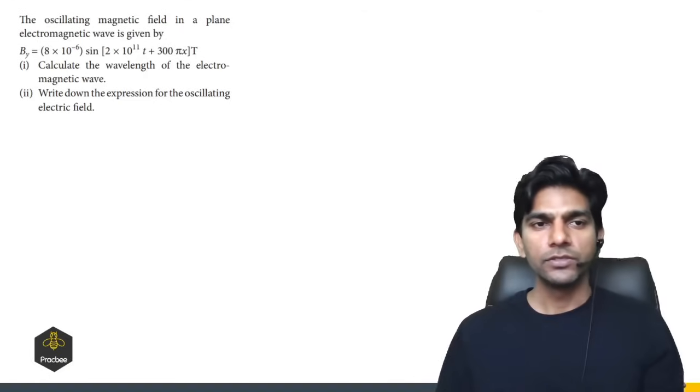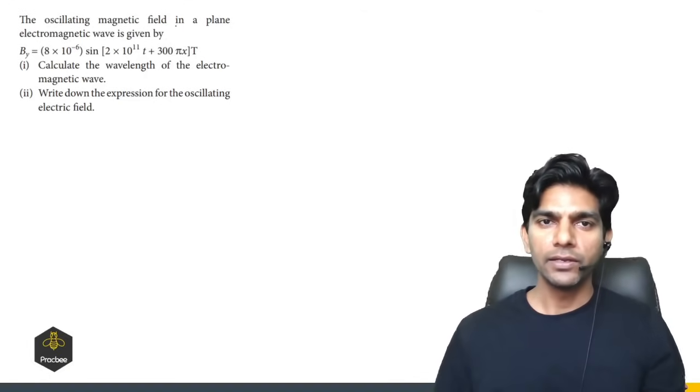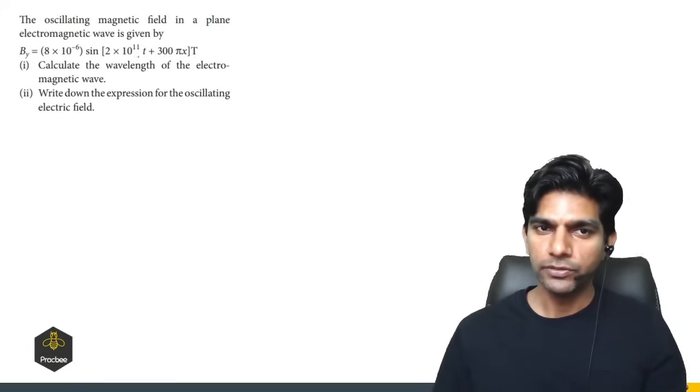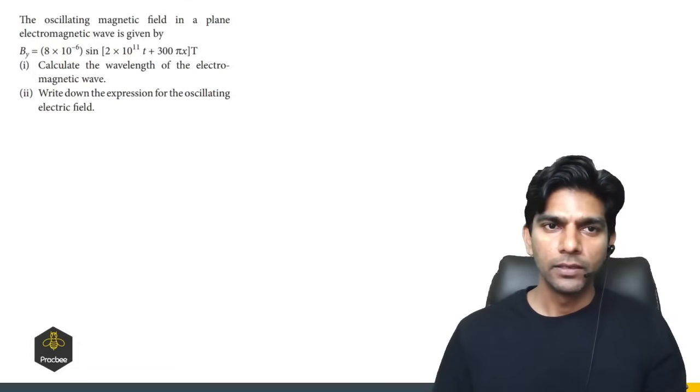Now let's see another question. We are given an oscillating magnetic field in a plane electromagnetic wave: B = 8 × 10^-6 sin(2 × 10^11 t + 300π x), in Tesla. Calculate the wavelength of the electromagnetic wave.